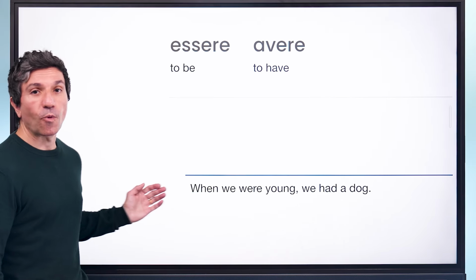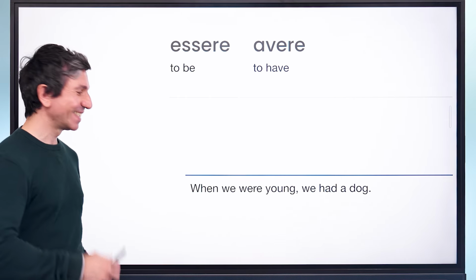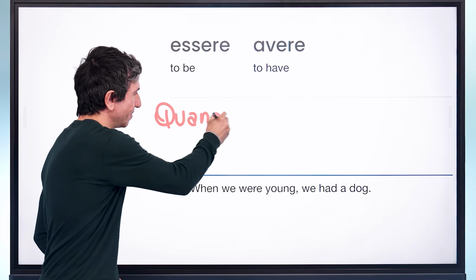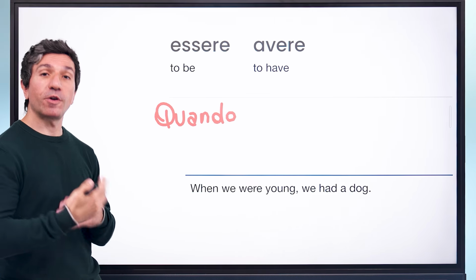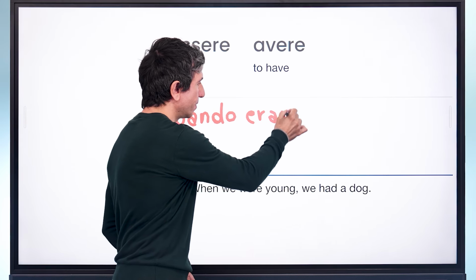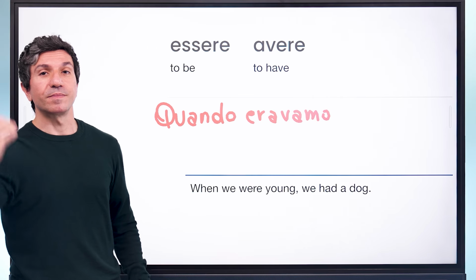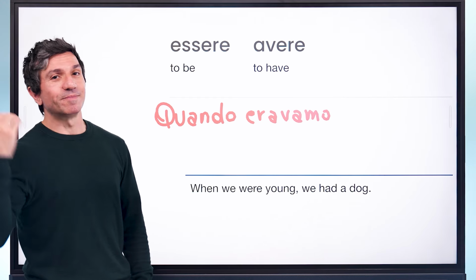Translate. When we were young, we had a dog. Into Italian. Quando, meaning when, followed by eravamo, the imperfect form of essere, meaning we were.